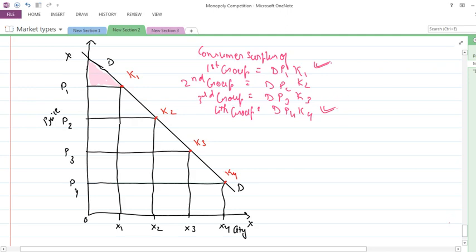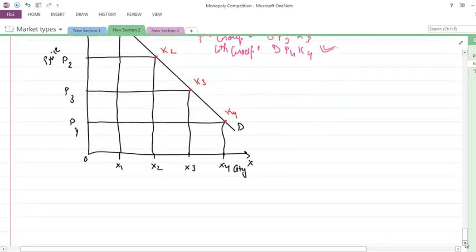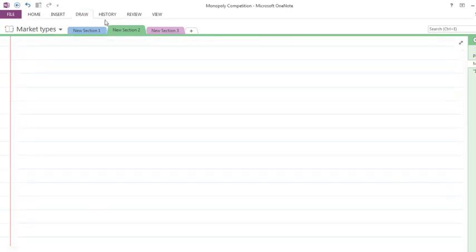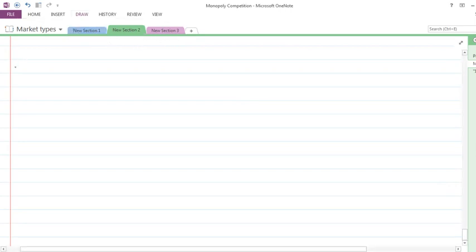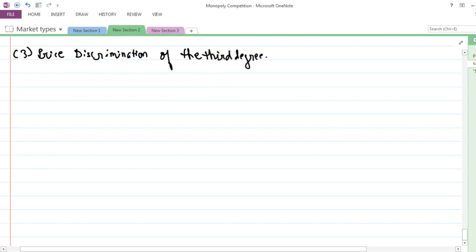Now, let's move ahead to the third degree of consumer price discrimination. So let's put a heading: price discrimination of the third degree.